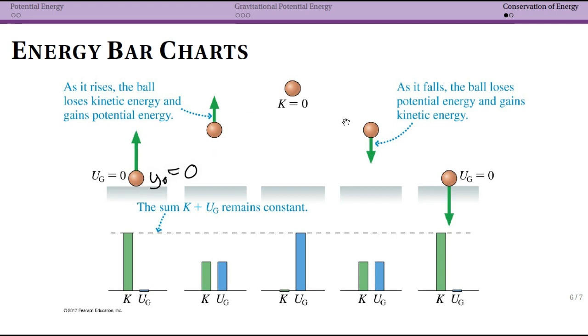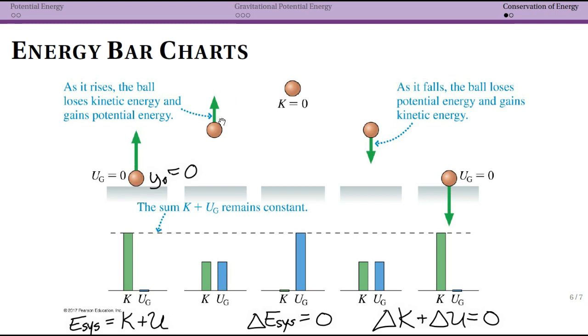So this is a scenario that you already know how to calculate with accelerations and velocities, but now this is how you would actually calculate it or deal with it conceptually with energy. So please keep in mind that what we're saying here is that the sum of these two energies is always the same. In this scenario we don't have any external forces to worry about. If we wanted to think about air resistance, that would be challenging, so we're calling that negligible here, that we get to say that the change in system energy is zero.